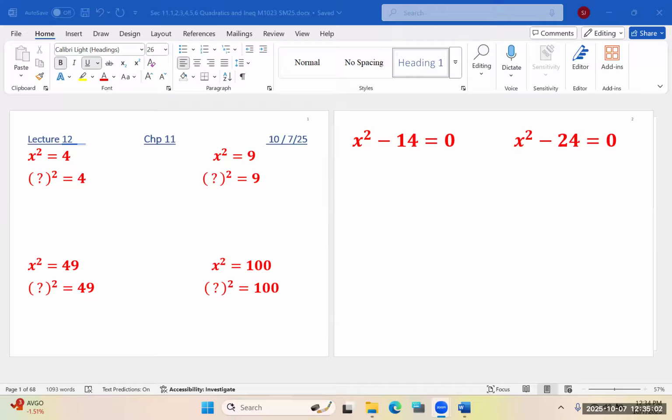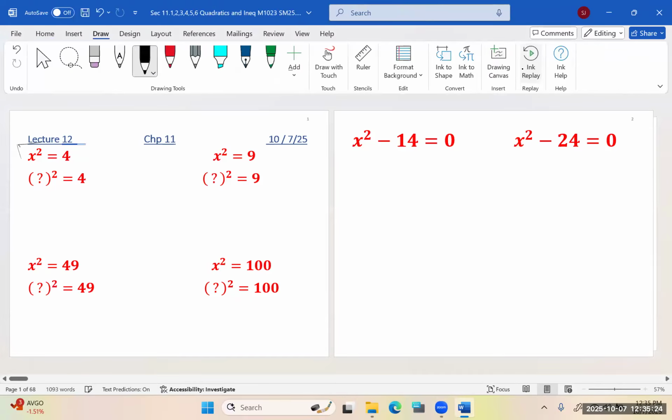Okay. So before we solve anything algebraically, let's use some common sense to figure out the answer. If they ask you x squared equals 4, solve for x. We can easily solve for x by taking the square root on both sides, right? But without doing this algebraically, if I ask you what number when you square it turns into 4, what number would you tell me?